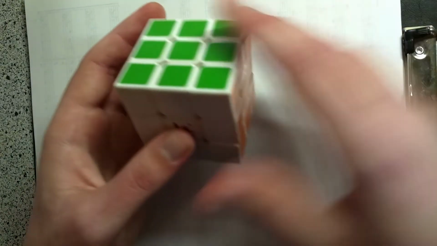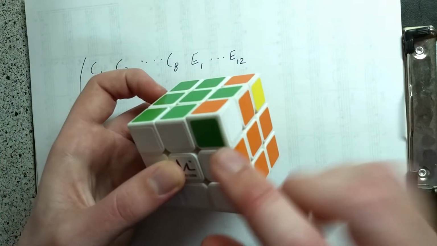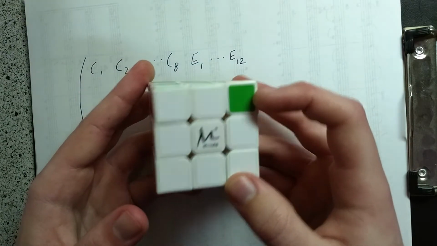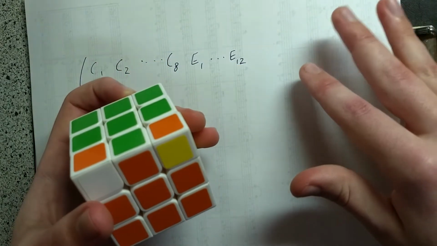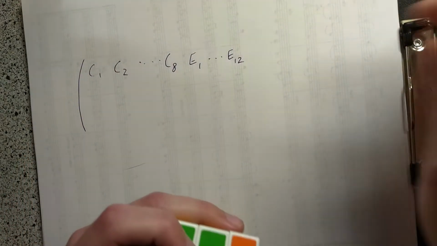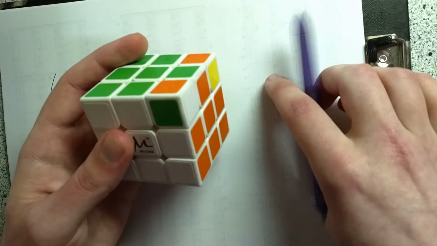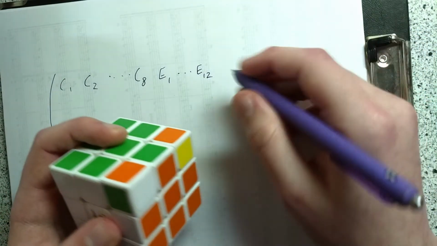But that's not all, because we could have something like this, where everything is permuted correctly, but these two are twisted, so we also have to worry about the orientation of the pieces. So we can add an orientation. With the corners, each corner has 3 stickers, so we need to have 3 things for each corner.